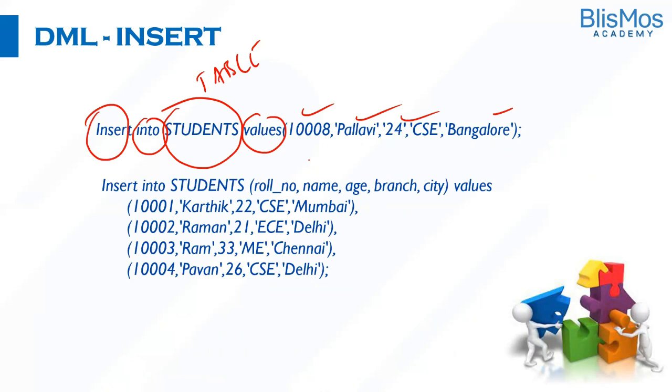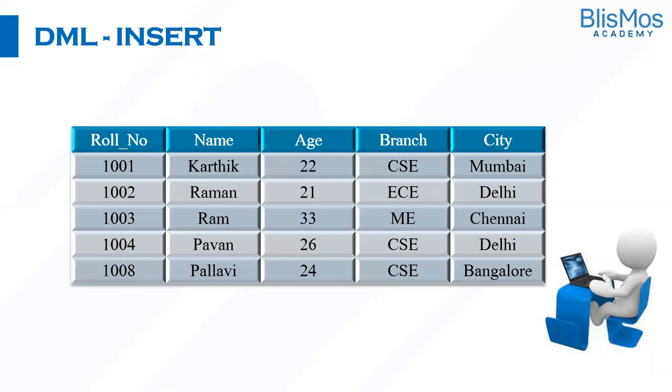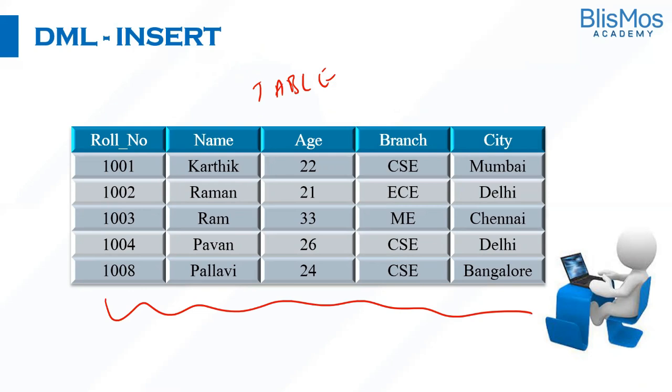It is more or less the same thing, except that we are inserting multiple records as a part of this insert statement. After inserting, the table looks like this. So the insert statement, as a part of the DML, is one of the very important commands to insert data into the table.